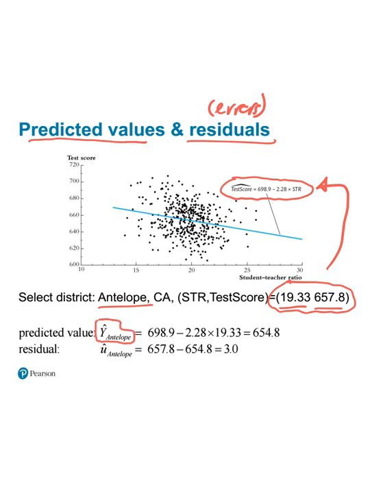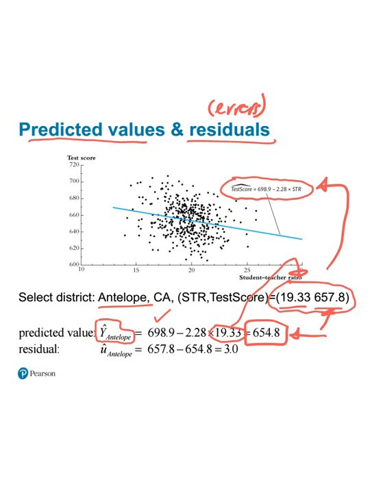It would be test scores. We take our intercept and we subtract 2.28 times our observational x value, 19.33, and this returns a value of 654.8. Now we know the true value is 657.8, which means this underestimated it.